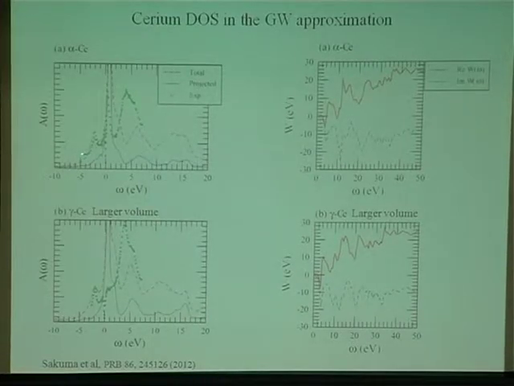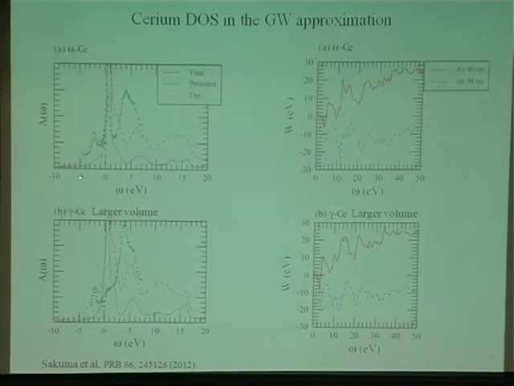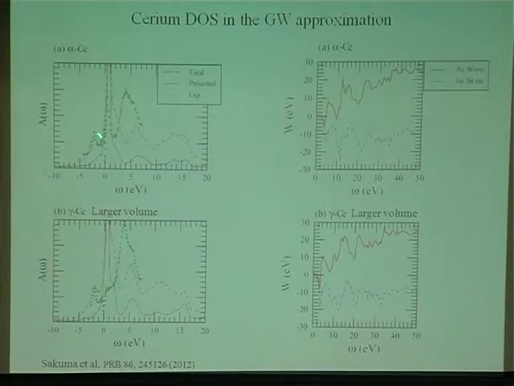If we do GW calculations for these two phases, we essentially do not see much difference apart from a slight band narrowing when you go from alpha to gamma. One can explain that from the fact that the gamma phase has a larger volume.